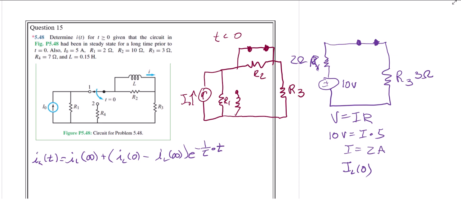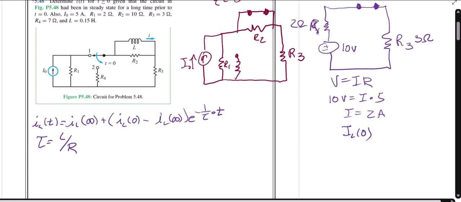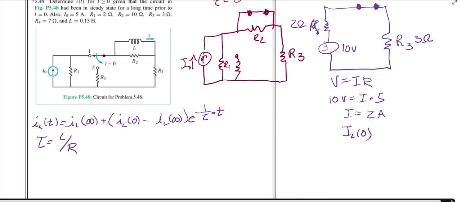The difference here is that tau equals L over R, but you'll notice the equation takes the same form. Current through an inductor cannot change instantaneously. So if I was 2 amps at 0 minus, I is 2 amps at 0. So we know IL of 0 equals 2.